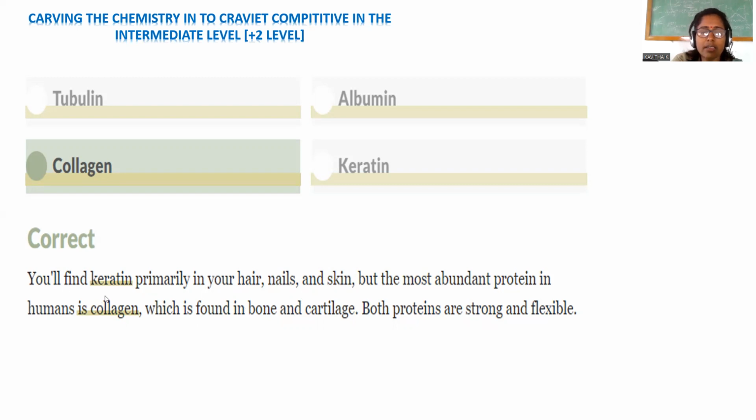That is accompanied by the protein called keratin. So this is also a kind of abundant protein, but the most widely available protein will be collagen only, and this is found in bones and cartilage. In the bone system you can find this collagen, and it is a highly strong and flexible material.